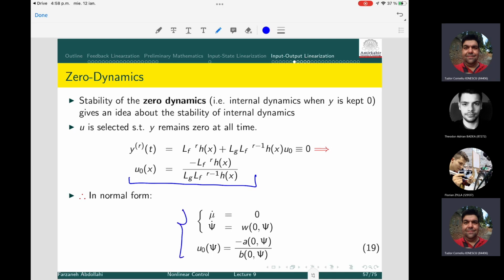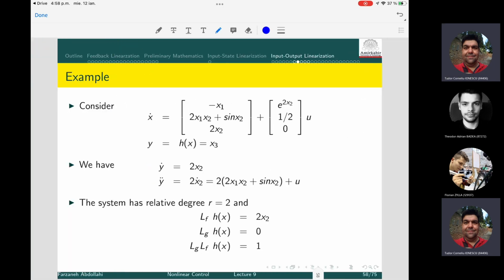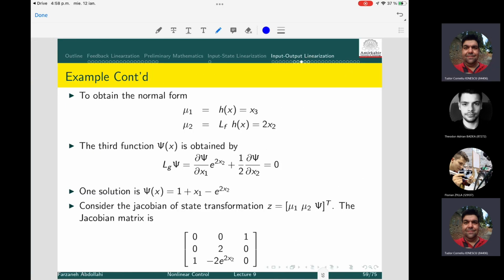So in the new coordinates of the normal form, you explicitly get relations 19. And you have this example. Note that y dot is 2x2, y double dot is 2x2 dot, so it's twice this relation. The system has relative degree 2, because u appears when you differentiate twice. Then LFh(x) is 2x2, LGh(x) is 0, and LF^2h(x) is 1.